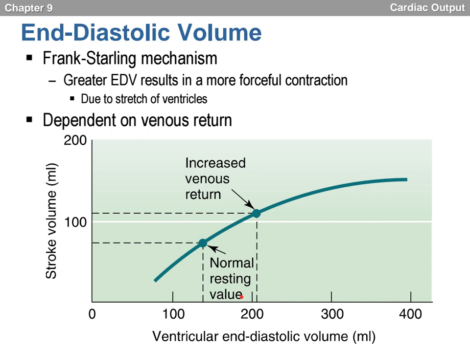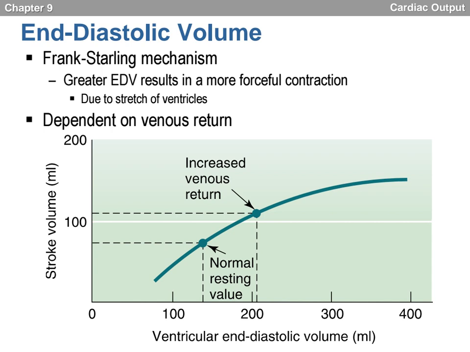So let's look at this graph for a second. We can see here the ventricular volume as it increases, and then there's an increase in stroke volume. So for example, we could take the heart of a person who's resting, and here's the normal resting value for the ventricular volume at the end of diastole, and we would get a certain stroke volume.